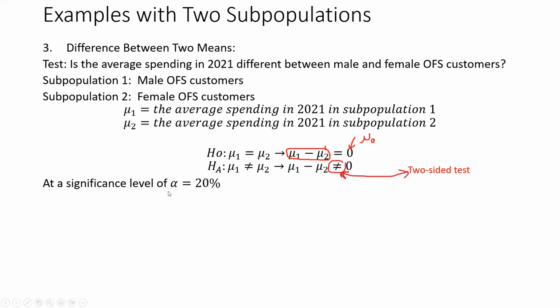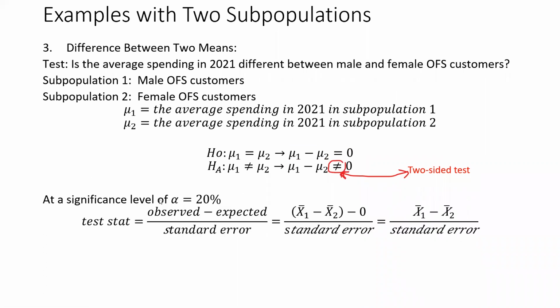And for this one, we're going to go with a significance level of 20%. We're willing to accept a little more risk because whatever we end up doing is based on average spending, and we're not really sure if average spending is the primary endpoint, although it's starting to appear that way.